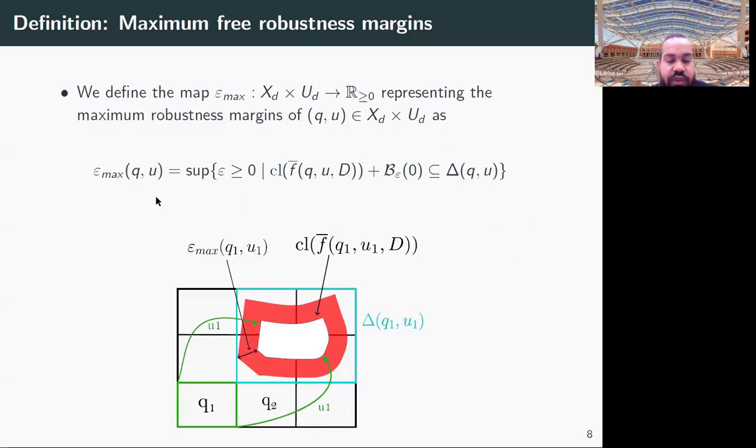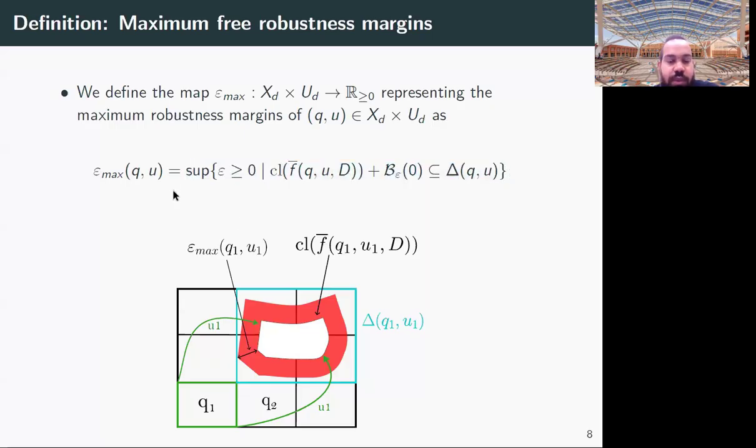So the first thing to do now is to formally define this maximal robustness margin. For that, we have defined this map, which we call epsilon max, which goes from the discrete state space and the discrete input space to the positive real numbers, and which represents the maximum robustness margin of Q, U in these spaces. It is defined by this quantity.